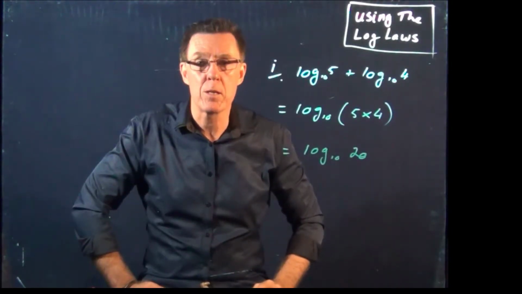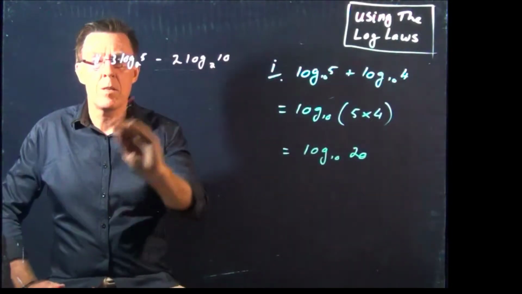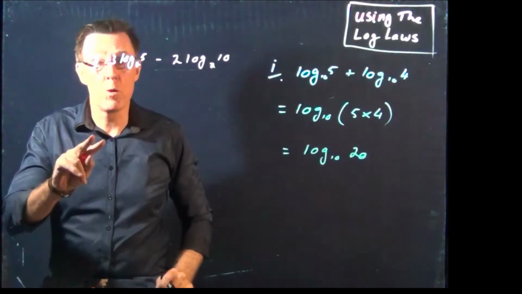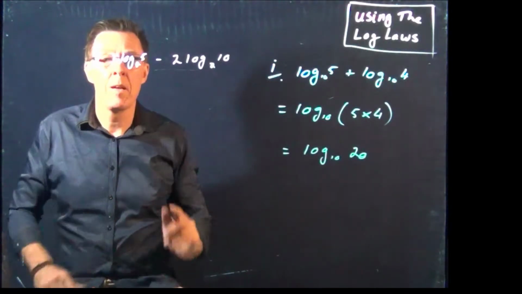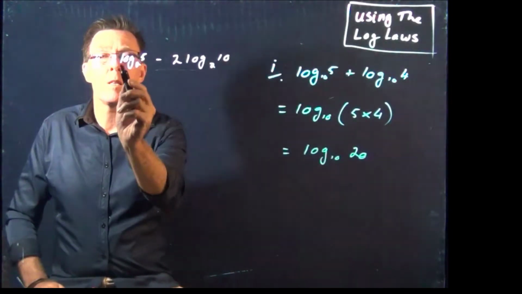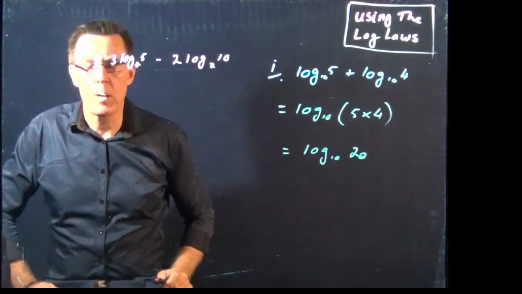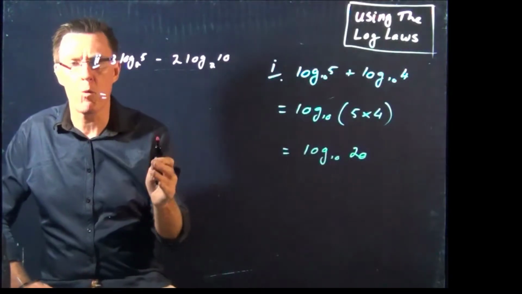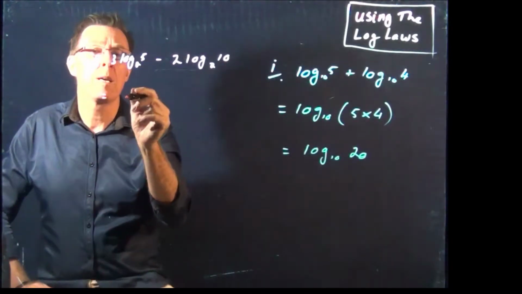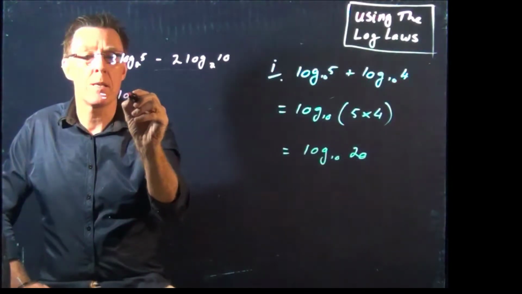First, a very simple example. For the second example, I'm going to combine 2 log laws together into one. Firstly, I see this multiplier at the front of both of these, so this is an example where we're doing the power law of logarithms. I can take that 3 at the top as an index.